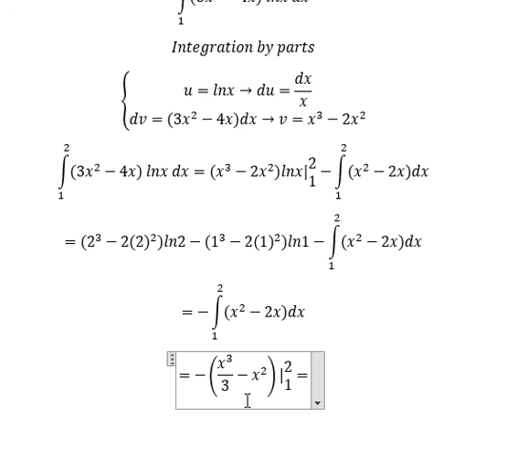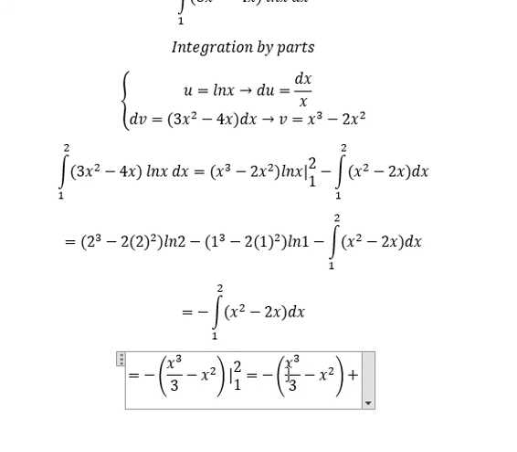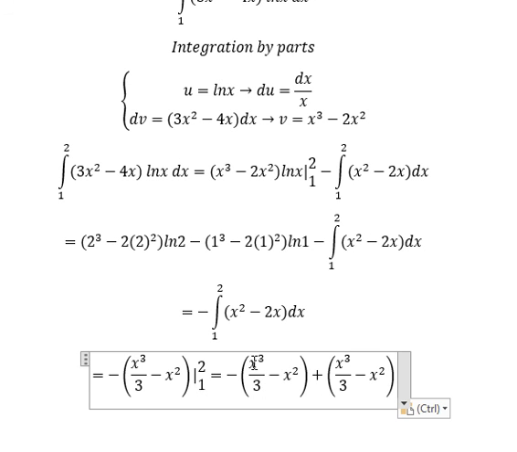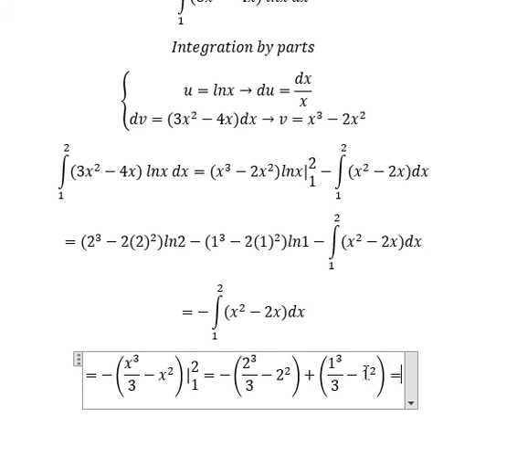So we have the final answer. So we calculate this one, and we have 2 over 3.